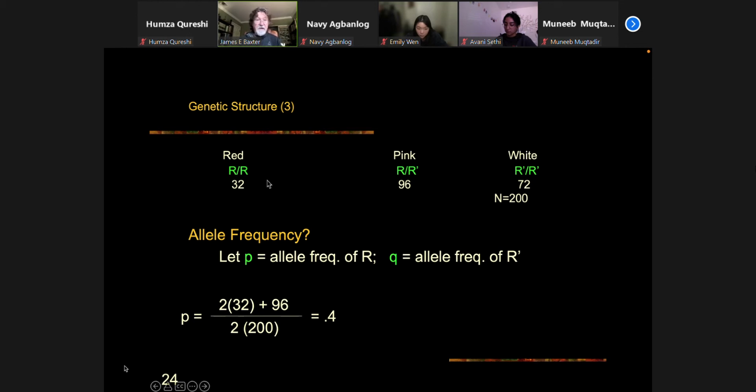In other words, you can take the 32 red individuals plus one half of the 96 individuals. Because if we're dividing everything by 2, that drops out, but then this has to be 1/2. And it gives you the exact same thing. Different approaches to the same problem, and same thing with Q, and of course P plus Q equals 1. These are the allele frequencies, and we'll see that they're very, very useful.